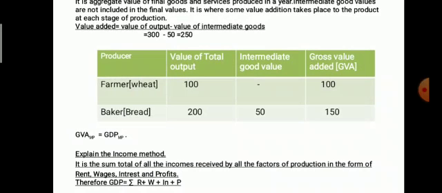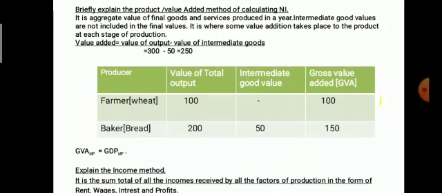That is, the farmer has sold the wheat to the baker at rupees 50, or 50 units, you can say. So that is already included in the final value of output of 200. From that total output of 200, the intermediate good value of 50 has to be deducted, and the gross value added is 150.